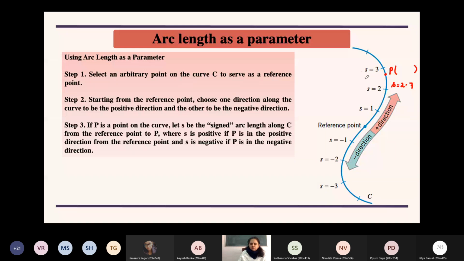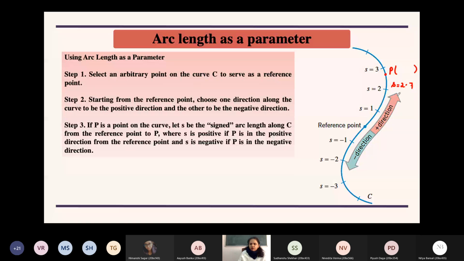So if P is a point, then S should be given to you, and then you can find the coordinates of the point, where S is the arc length along C from the reference point to the point P. S is positive if you are moving in the positive direction from the reference point, and S will be negative if you are moving in the negative direction. So this is the meaning of using arc length as a parameter.